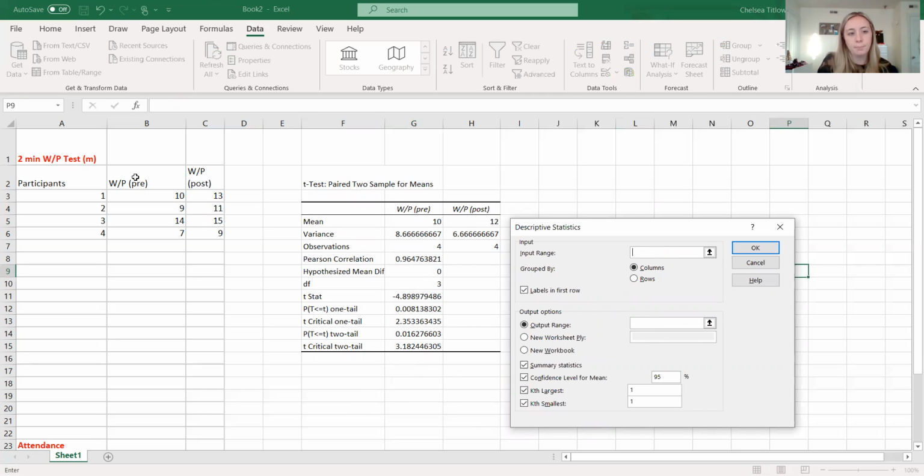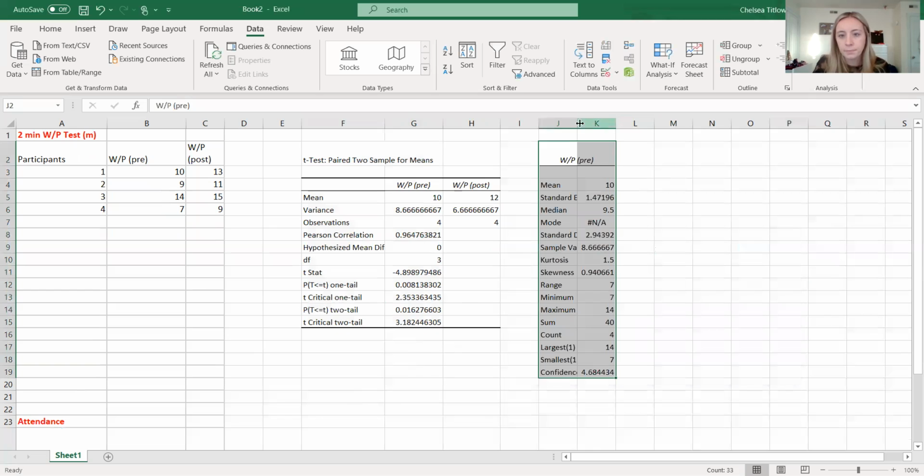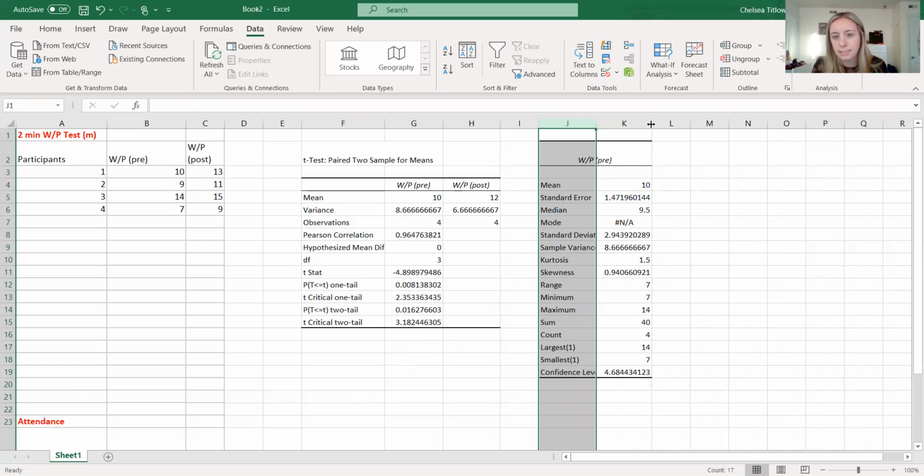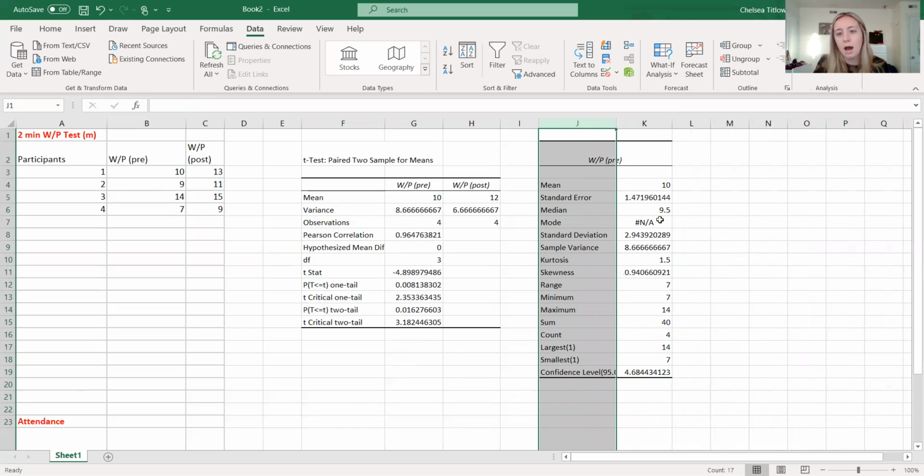We'll start with the pre-test scores. We'll keep that at columns. You want the label checked off again, and make sure these last 4 boxes are checked off. For the output range, I'll just put that right here. Click OK. And then you have your descriptive statistics for the pre-test scores, and you'll have your standard deviation right here.